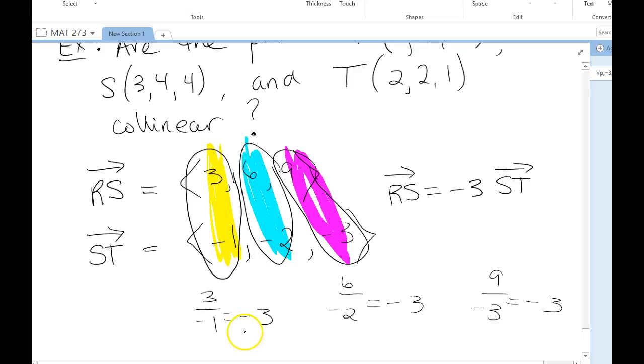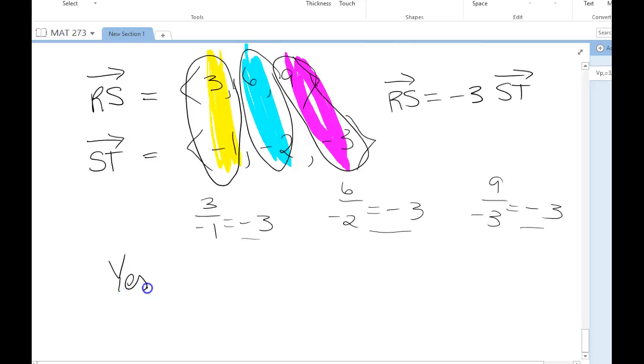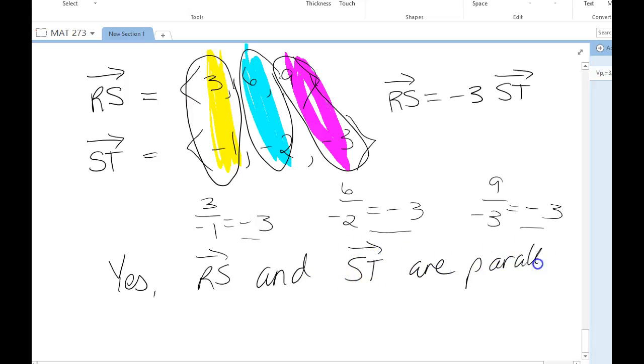If any one of these were to come out to be a different number than -3, then we would say no. So RS and ST are parallel, which means R, S, and T are collinear points.